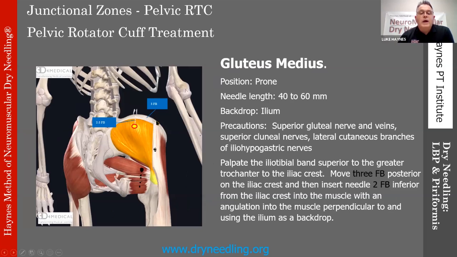I'm going to follow it all the way up to the iliac crest. I'm going to move 3 finger breadths posterior along the iliac crest, and then I'm going to drop inferiorly 2 to 3 finger breadths to land into the belly of gluteus medius. Again, my needle depth will be to the ilium, so I will have a backdrop, and that can be a 40 to 60 millimeter needle.